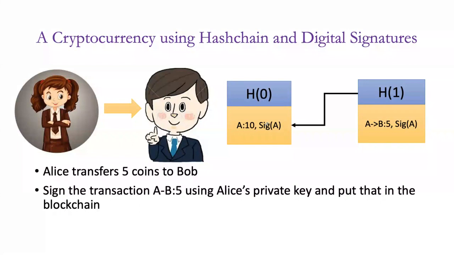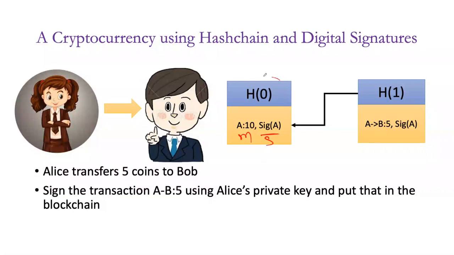When Alice tries to transfer 5 coins to Bob, Alice initializes the hash value with a 256-bit initialization vector, and then generates the hash, and in the data field it has the transaction, that is the message, and the digital signature.